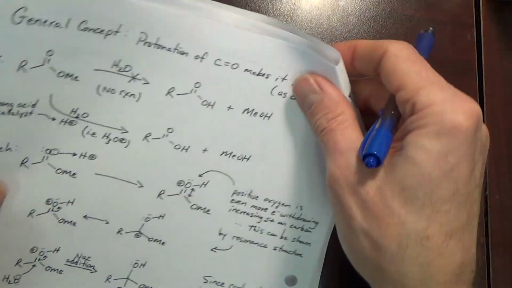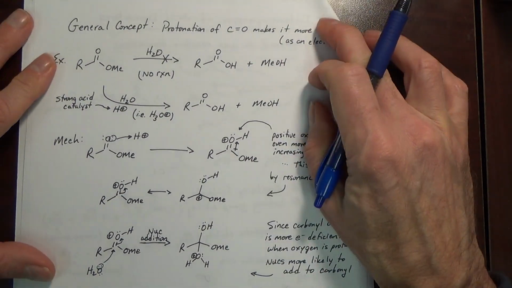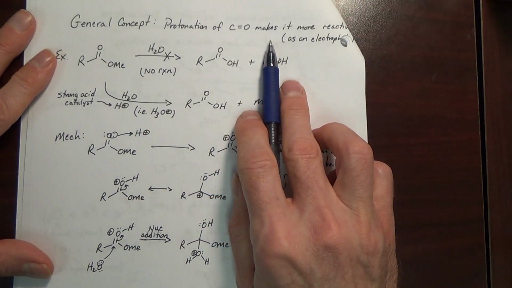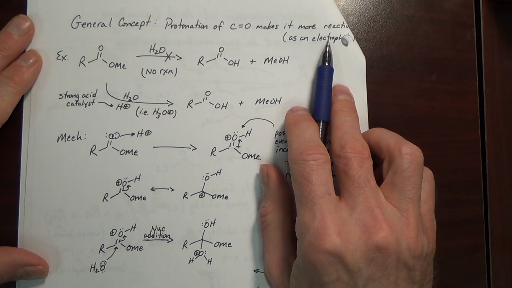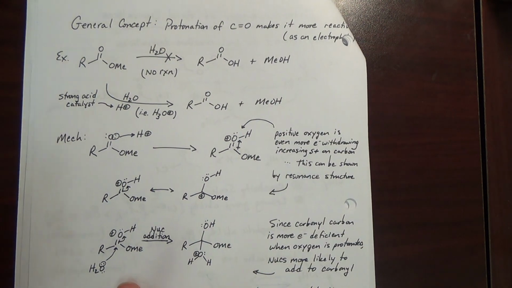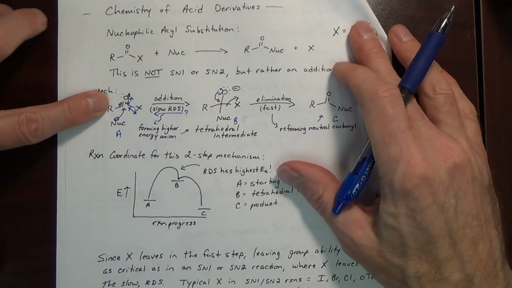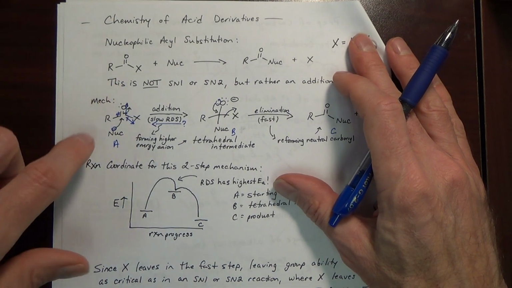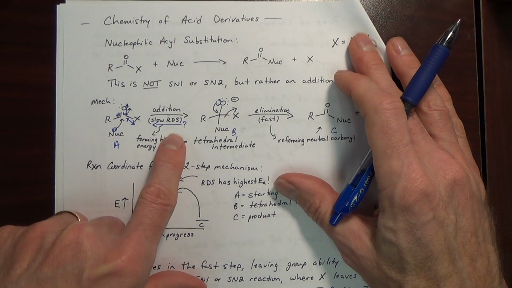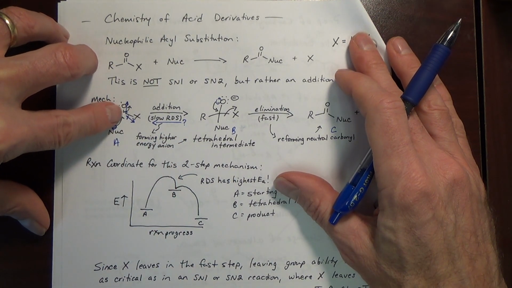Okay, let's also talk about a general concept. Important: protonation of the carbonyl makes it more reactive as an electrophile. When we first looked at adding to a carbonyl, we said, well, the oxygen's pulling. It's going to be partial plus because of that. We also have the X group sometimes pulling, and that may make it even more partial positive.